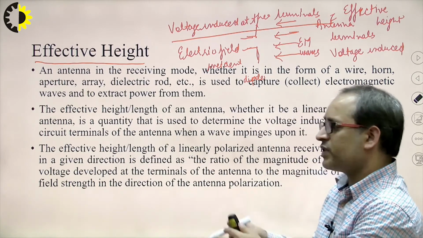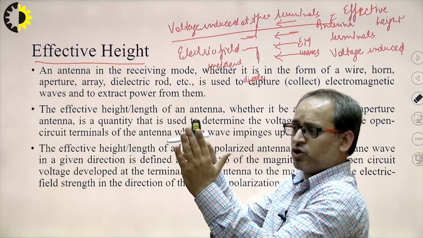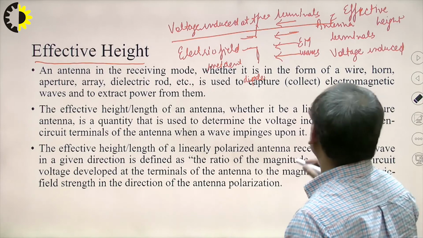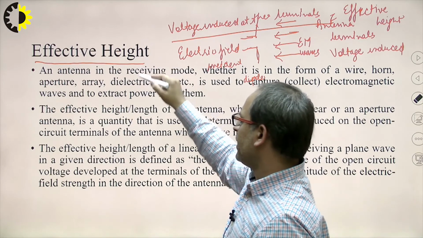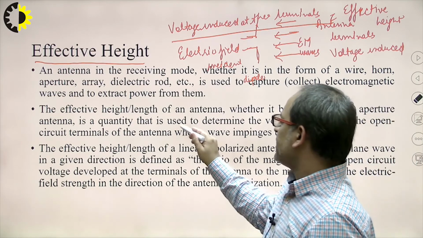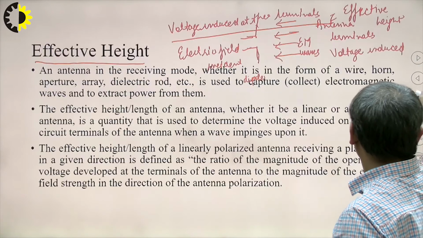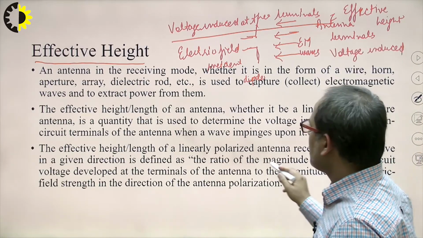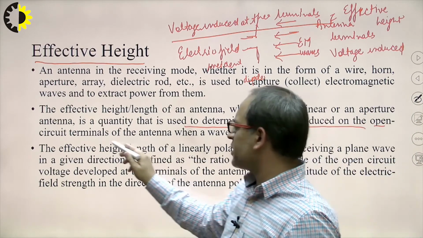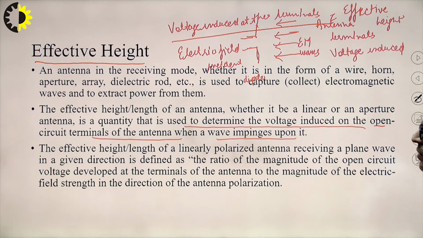And the ratio of the antenna voltage induced to the EM field incident defines your effective height. Clear? So it is the quantity which is used to determine the voltage induced on the open circuit terminal of the antenna when the wave impinges upon it.